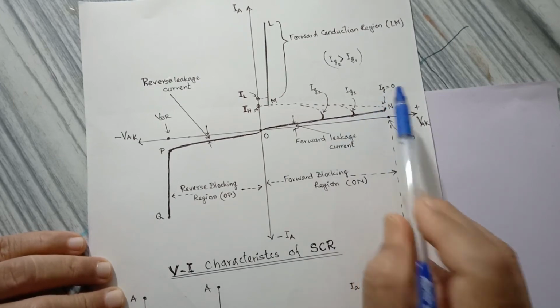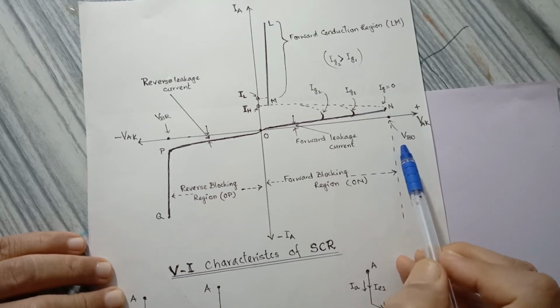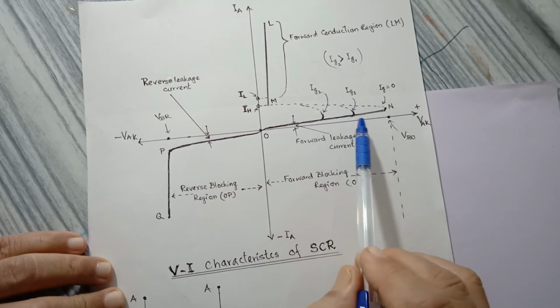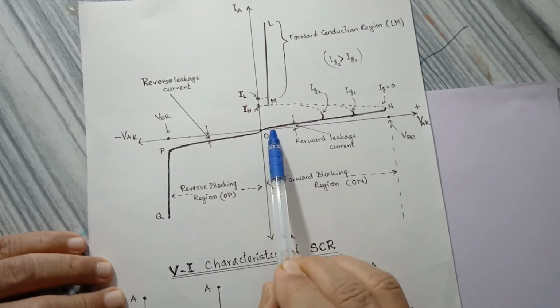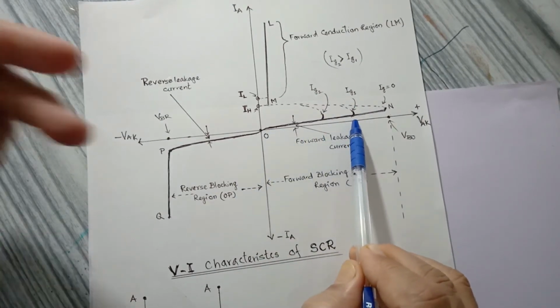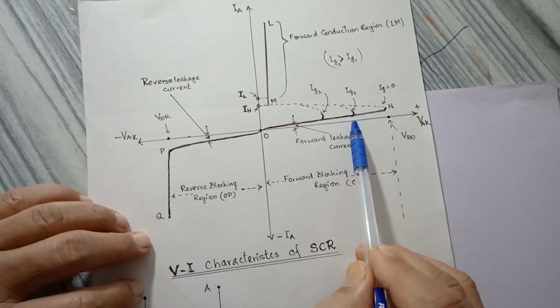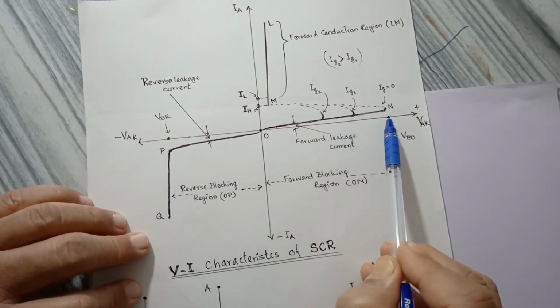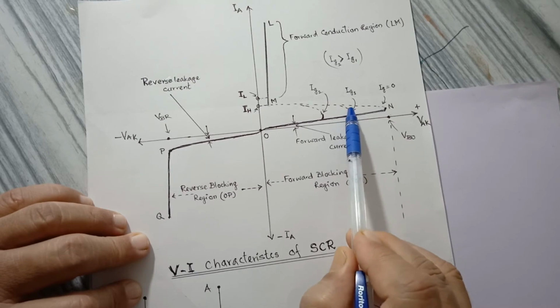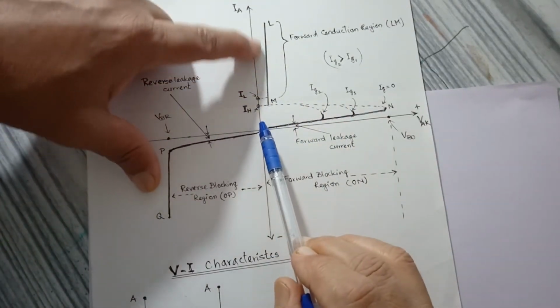Earlier, when the gate was open, we called it the break over voltage. But in this case, when some gate current is injected, the SCR starts its conduction at a lower voltage than VBO, like this. And once it fires, the rest is the same.